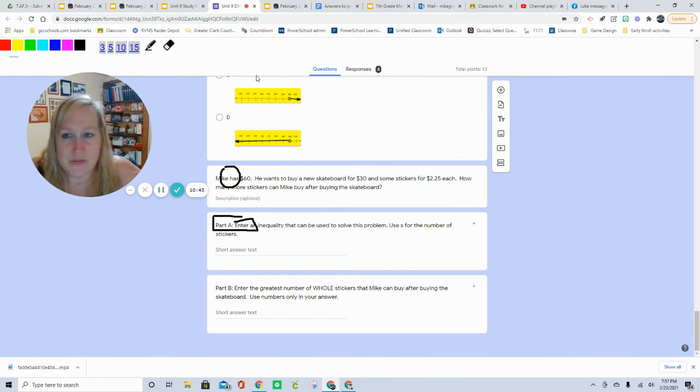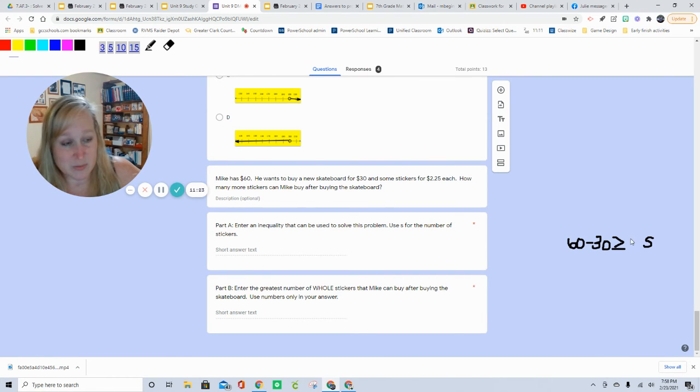Okay. So the first thing that we want to do is try to figure out the inequality. So Mike has $60. Okay. And he's going to subtract $30 for his skateboard. He needs this money to be greater than or less than how much the stickers cost. So the problem is we don't know how many stickers he buys. So that's what that S is. But each sticker has to be repeated addition and taken away from how much money he has.